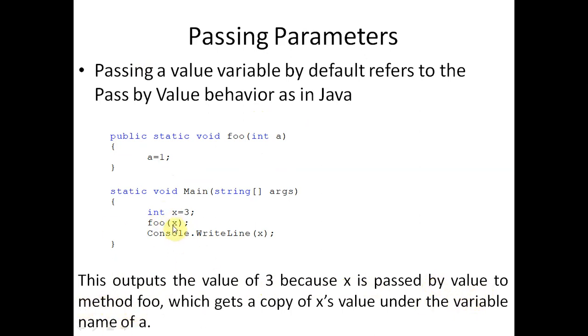We have passed 3 here, but inside this function a is changed, so it might be expected to print 1, but it is not printing 1, it is printing 3 because we are passing the parameter by value. In the case of pass by value, there will be no change outside as the change is inside the function.